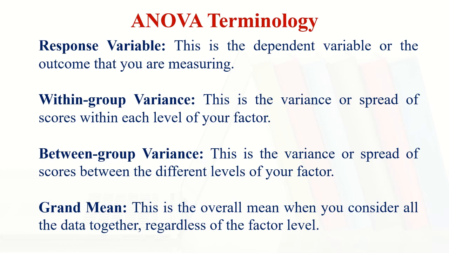So the grand mean is not only with one group, but with all groups: the overall result of the college, the overall result of the university, the overall result of the particular subject in the different sections in the college. Here mean means average.